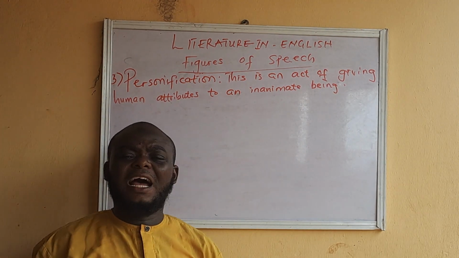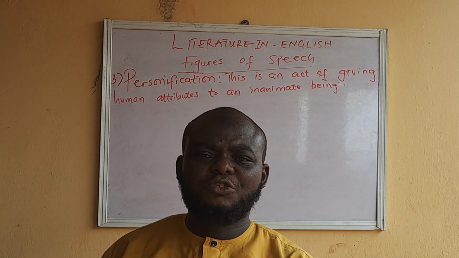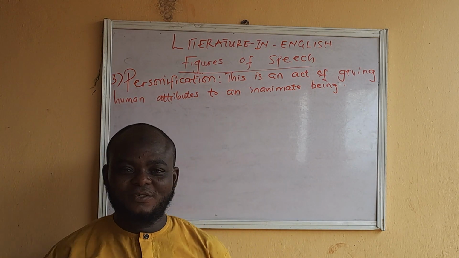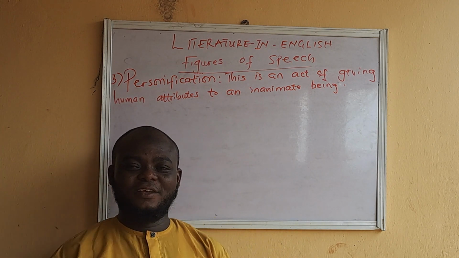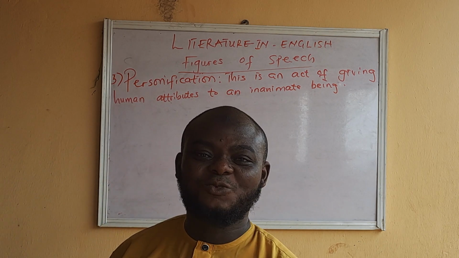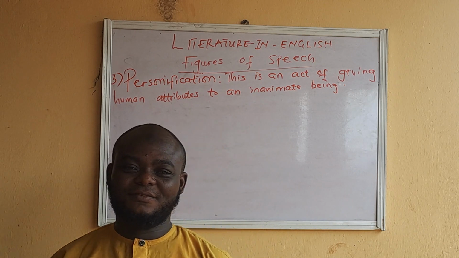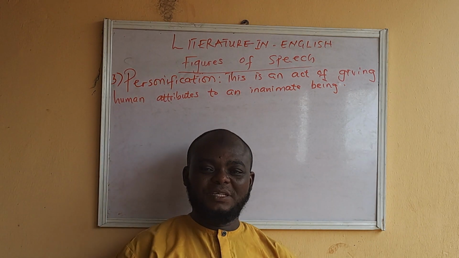It is an act of giving what I can do, what you can do as a person, as a living thing, to an inanimate being, to what is not a living thing. That is what we call personification.